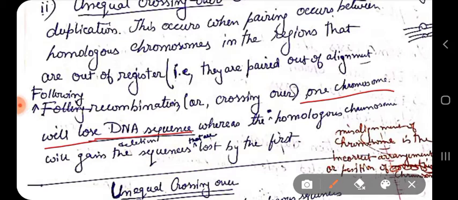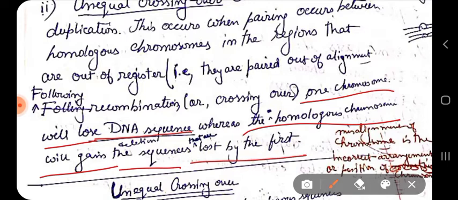One chromosome from that homologous pair will have a deletion, while its homolog chromosome will gain that additional DNA sequence which was lost by the first chromosome. So due to this misalignment, this type of thing can occur. Misalignment of chromosomes simply means incorrect arrangement or position of the chromosomes.